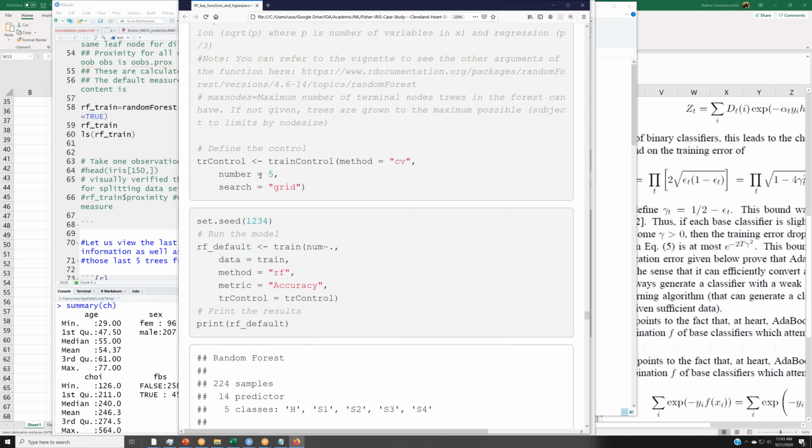and this time I'm defining the method called CV, cross validation. Please write down this sentence. The golden rule is always cross validation. The golden method to validate and build the best model, which is not over predicting, is cross validation.